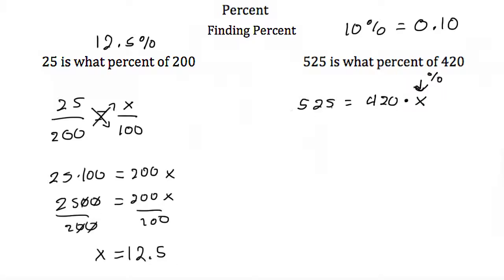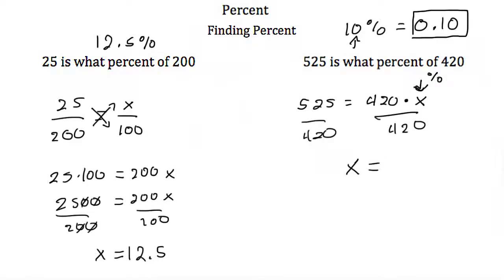Now remember, when we do it in algebraic form here, we don't plug in 10, we plug in our decimal that represents our percent. So if we had 525 is equal to 420x, we could divide both sides by 420, and we would find that x is equal to 1.25. Now again, this is our decimal representation of our percent. So 525 is actually 125% of 420.